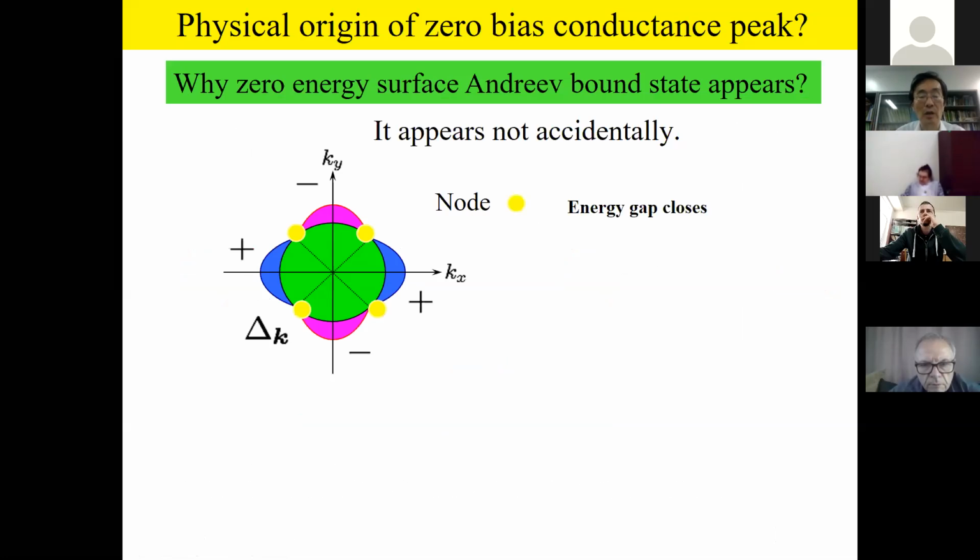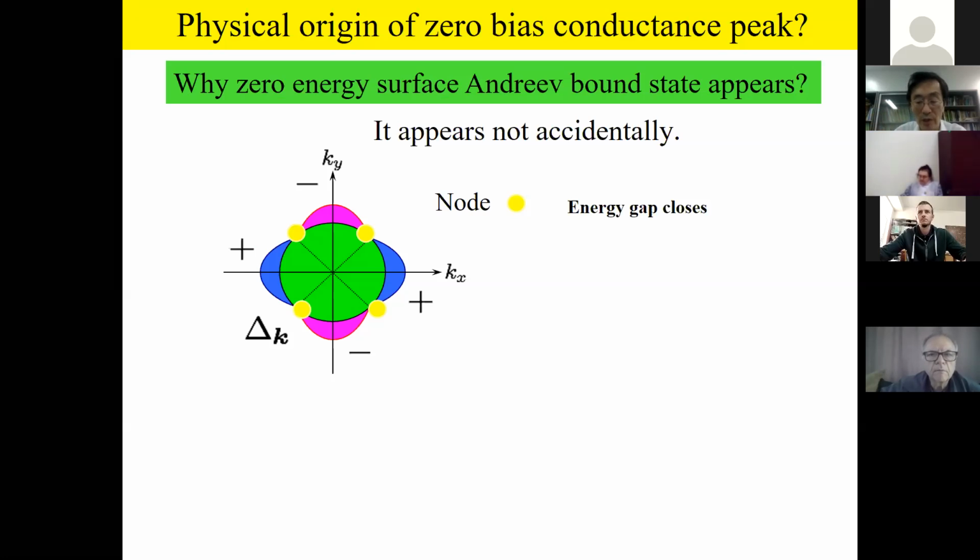So let's return to the problem of the D-wave superconductor, for example. In a D-wave superconductor, it's a good question why zero energy surface Andreev bound states appear. Of course, we can understand the origin by solving the Bogoliubov-de Gennes equation and looking at the conductance formula of the bound state problem. But as a way to understand, there's a solution based on topology.